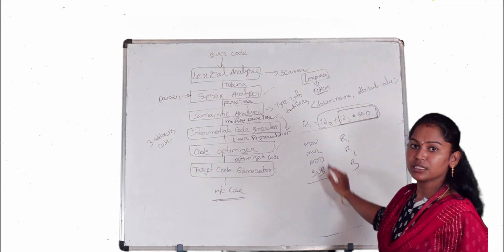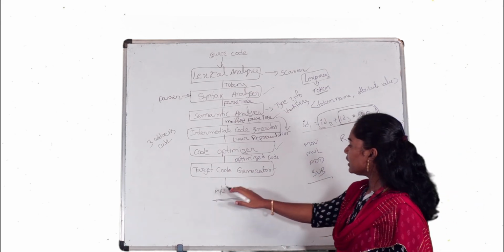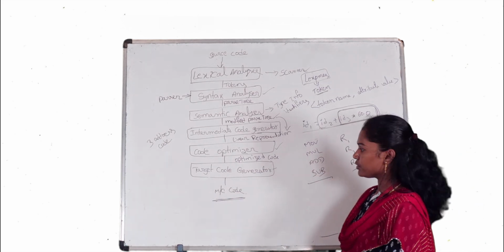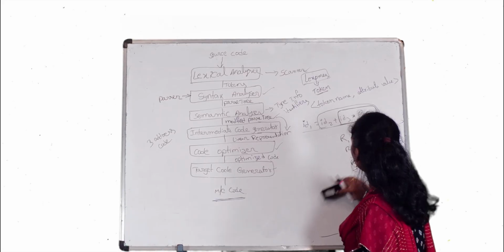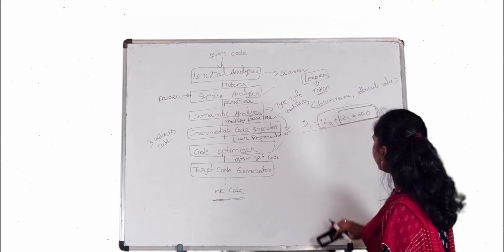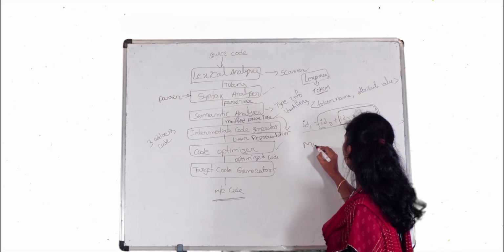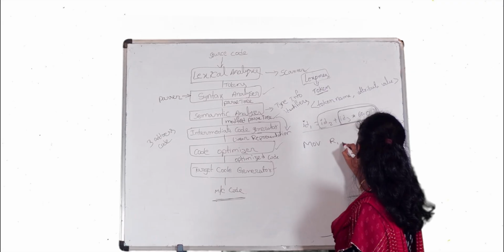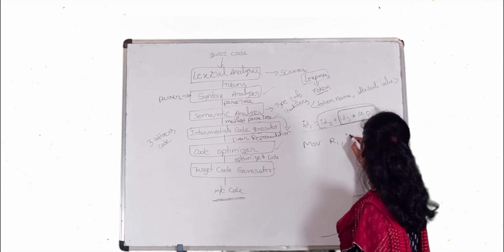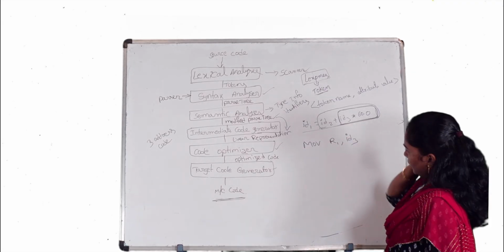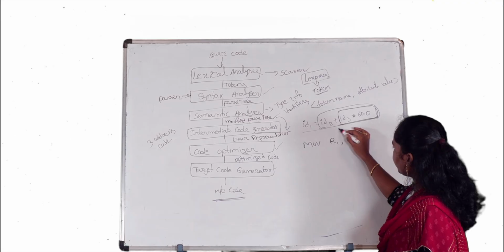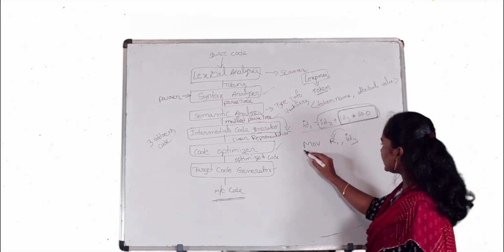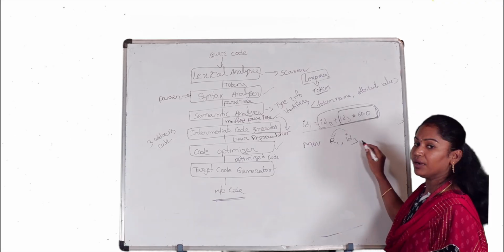By using these terms, we can represent the machine instructions. So how does it generate them? First one, move R1 comma ID3. So we are moving ID3 into the R1 register. That is the meaning of move R1 comma ID3.